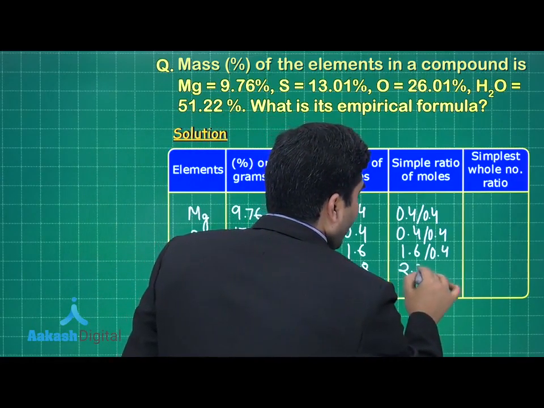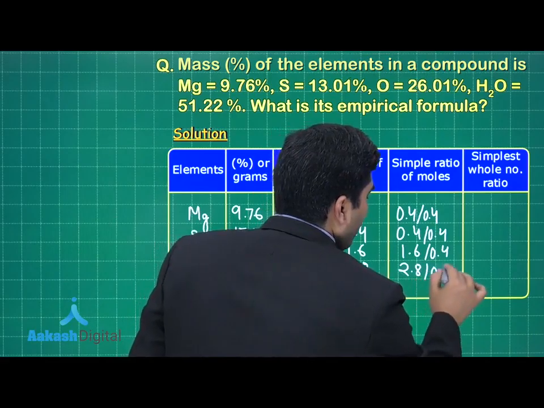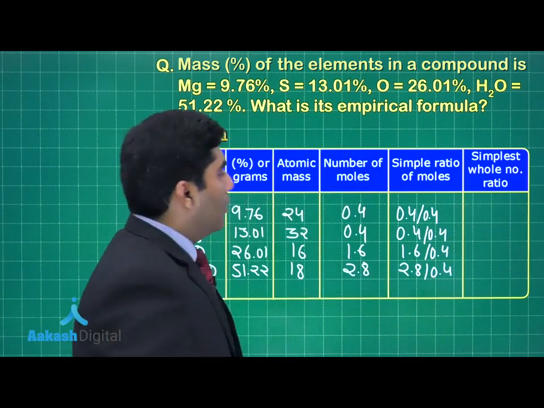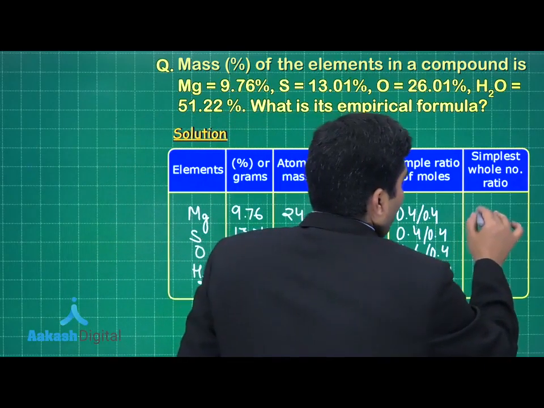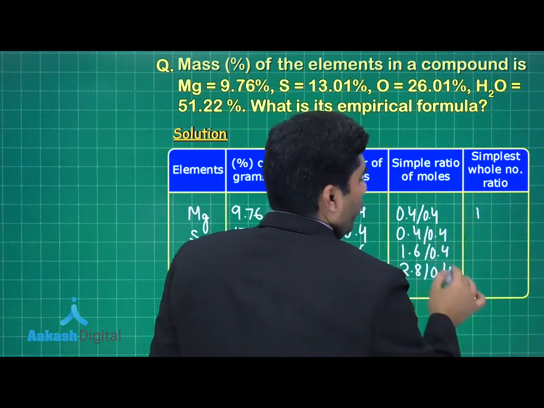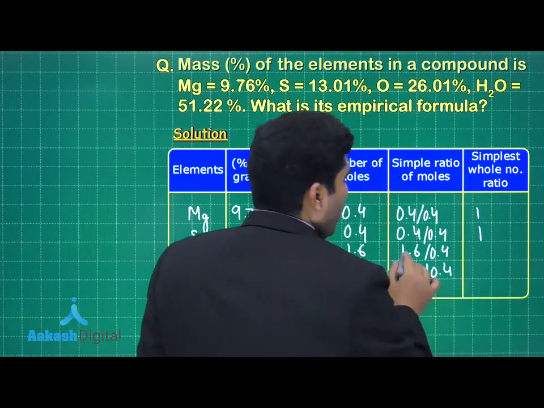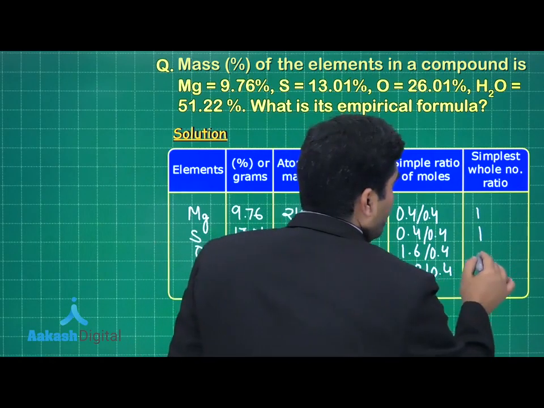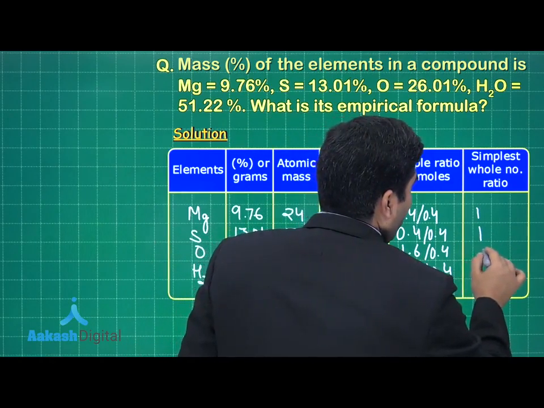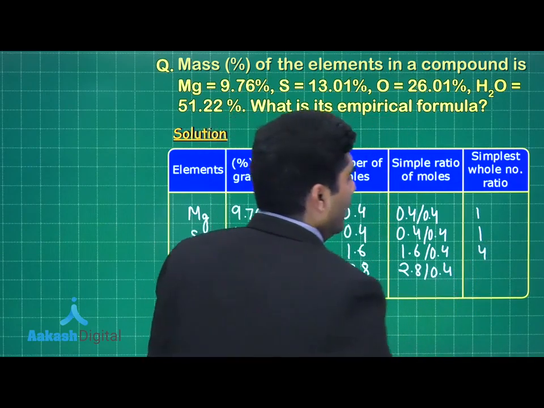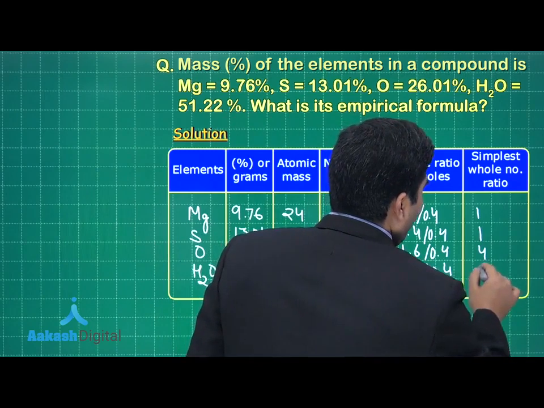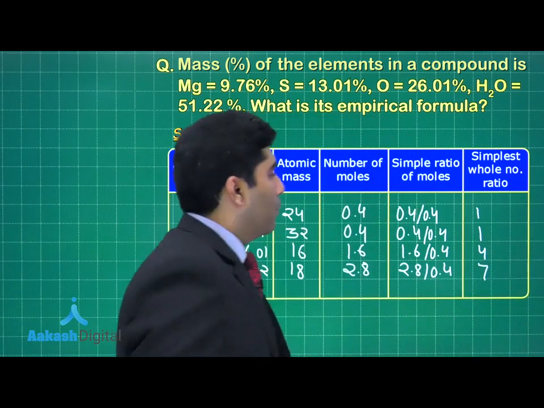So we will get 1, 0.4 by 0.4 again is equal to 1, 1.6 upon 0.4 is equal to 4, and 2.8 divided by 0.4 is equal to 7, right?